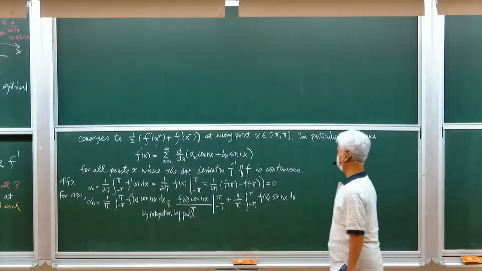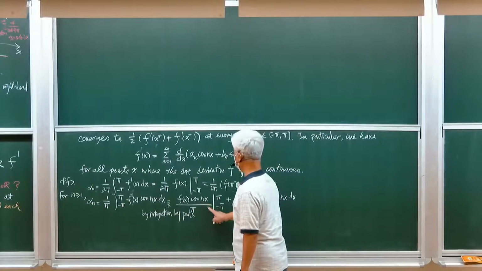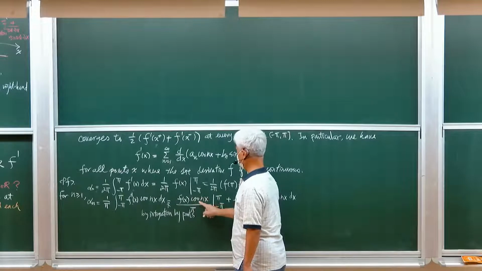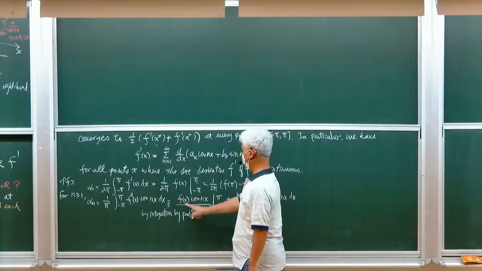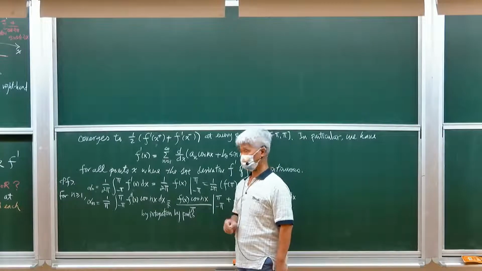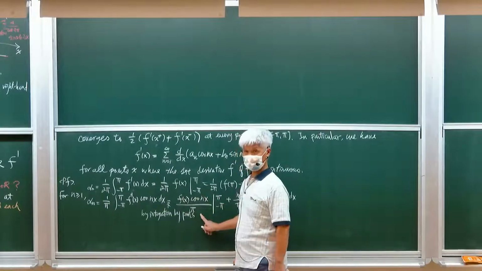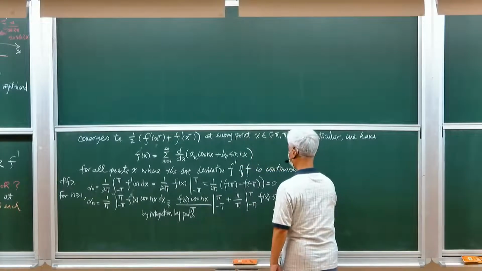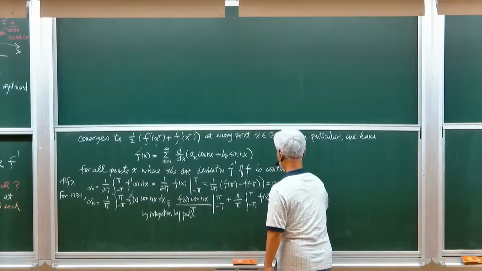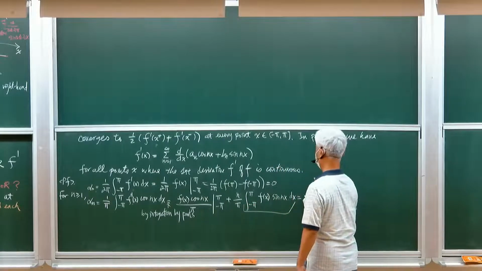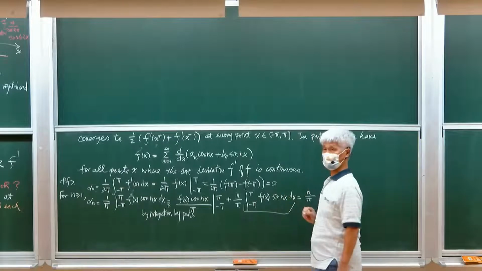Okay, and look at here. Cosine nx has a period 2 pi. f of x is a periodic function with a period 2 pi. So this term is equal to 0, right? Is 0. And here, what is that?